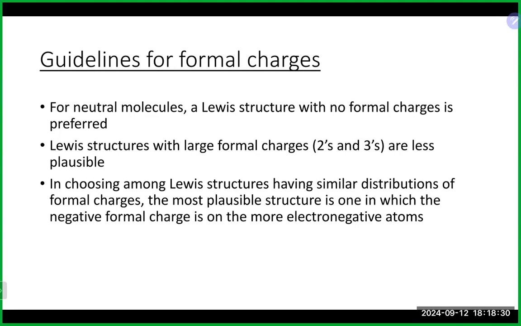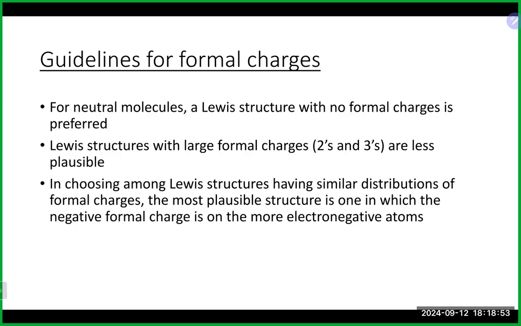If you have a choice between 2 with an even distribution of numbers, but you end up with a larger negative formal charge on something that's less electronegative, and the more positive formal charge on something that's more electronegative, that's probably not great.